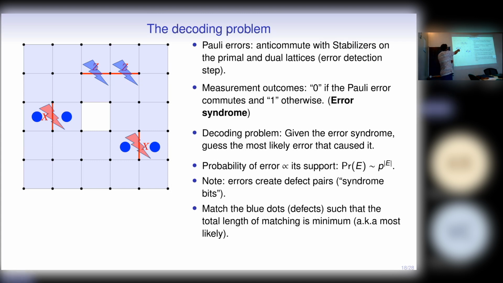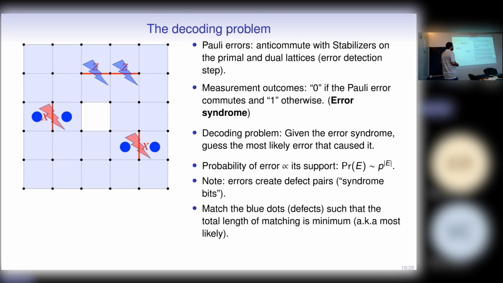If I match this with this, I'm specifying a matching along this edge, and I'm saying this is the error that occurred. Geometrically, decoding is starting to be cast as a problem where my syndrome is represented by pairs of endpoints, and I'm matching these endpoints. How am I matching? I want the length of the matched edges to be as small as possible.